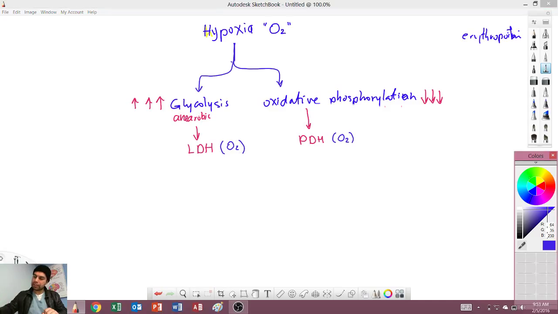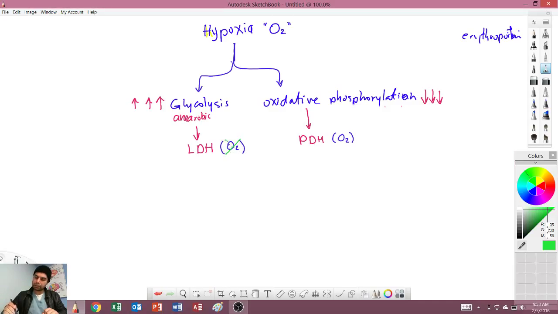L for lactate, L for lack of oxygen. If you have oxygen, everything will shunt towards pyruvate dehydrogenase. If you have no oxygen, glucose will be metabolized with the help of lactate dehydrogenase. So its activity should increase when there's hypoxia. Very good.